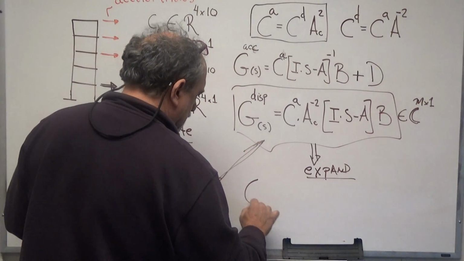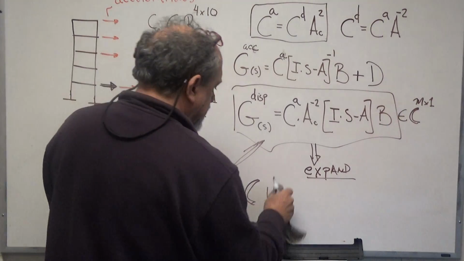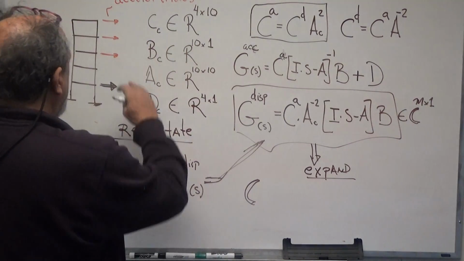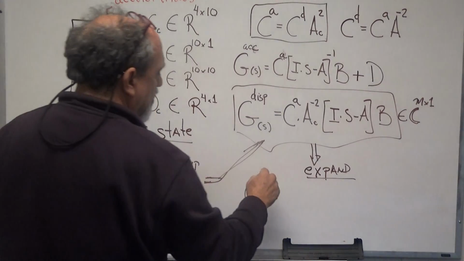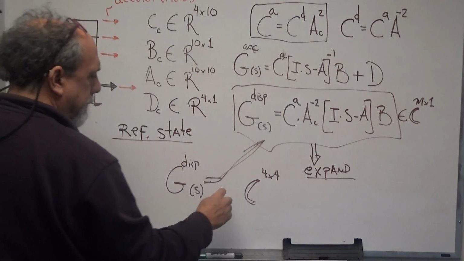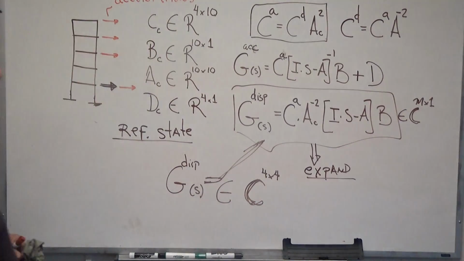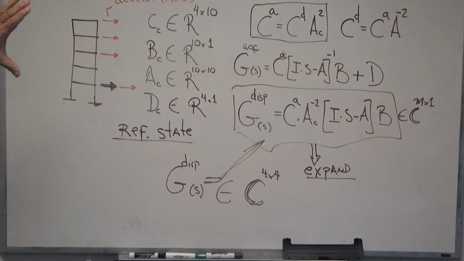But it will be complex, and it will be 4 by 4, right? So the transfer matrix for displacement, 4 by 4, we can calculate from here.